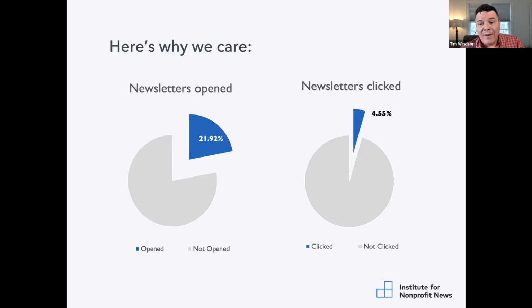And you will have access, within your own individual metrics, to how many clicks you get among those who do click, what your heavy users look like, what your light users look like. But these are just averages across the industry. And this is the way we tend to look at it.